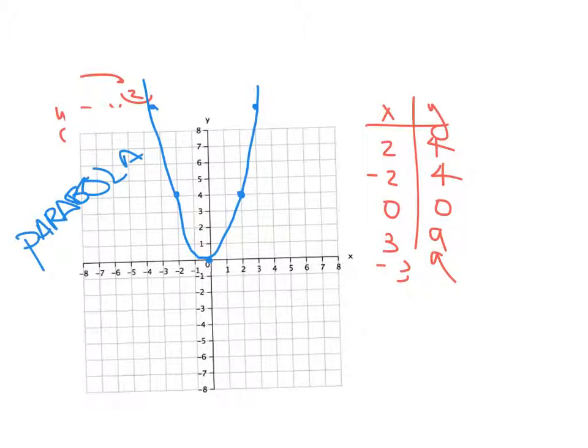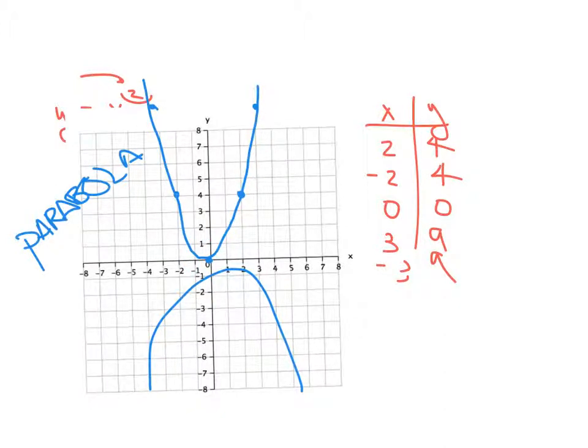Okay? Now a parabola does one of two things. It either opens up and would hold water, or it could open down and dump water. Okay, so those are your two options. A couple things about a parabola. This right here is called the vertex, and that's also called the vertex. It's either the lowest part of the parabola or the highest part, and it goes down on either side or it goes up on either side.